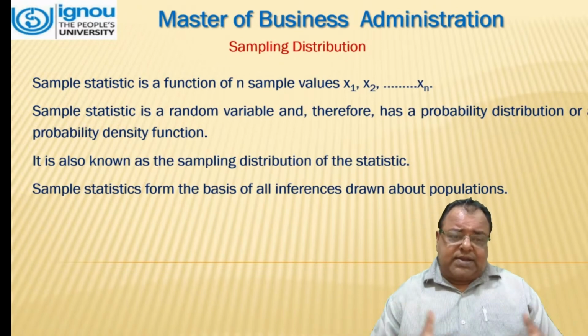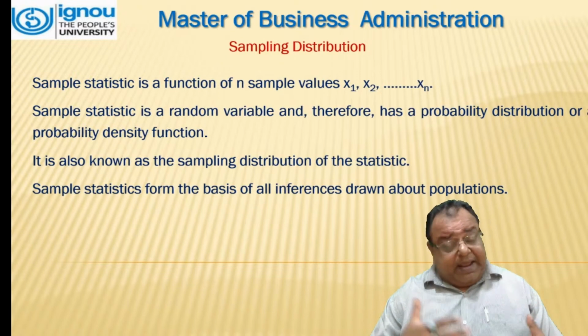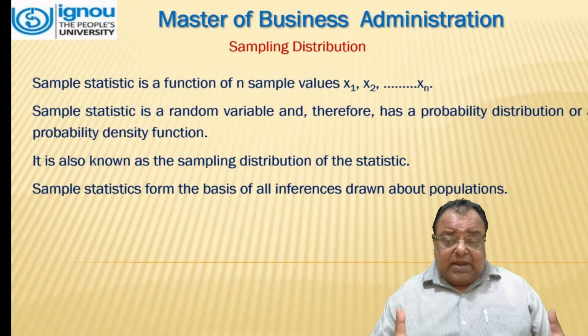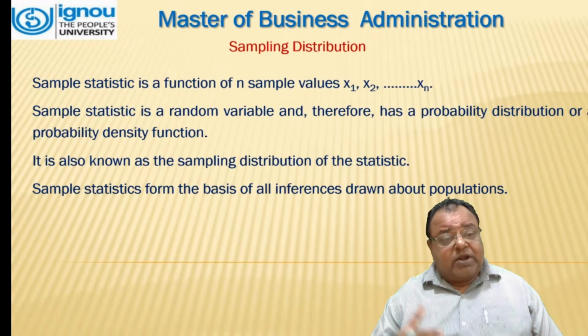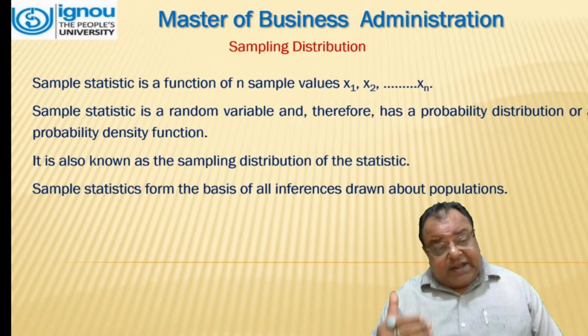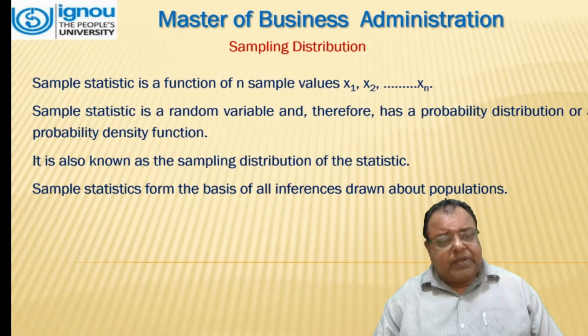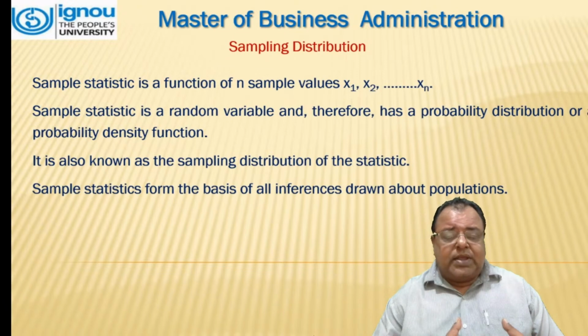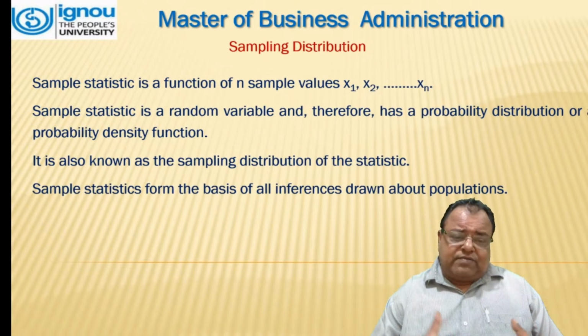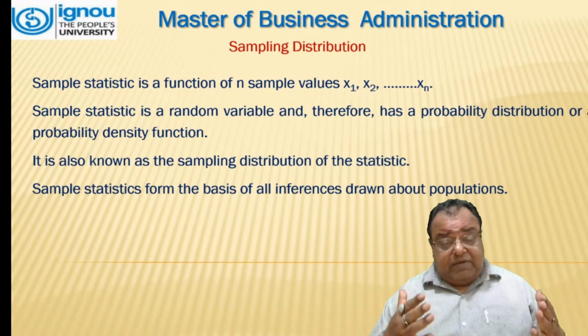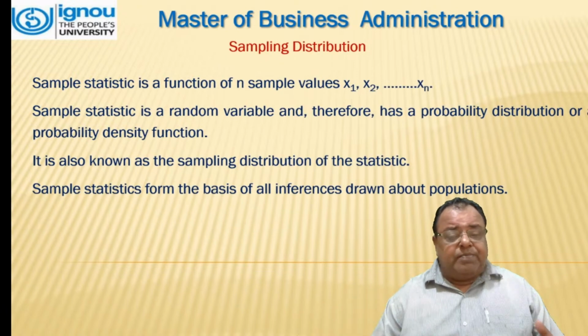A sample statistic is a random variable and therefore has a probability distribution or a probability density function, in short PDF. It is also known as the sampling distribution of the statistic. Sample statistics form the basis of all inferences drawn about the populations.